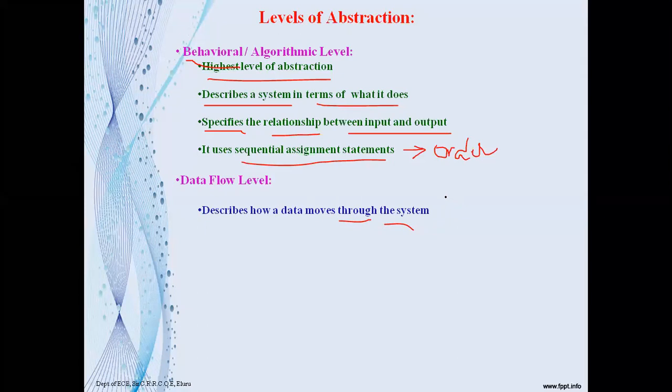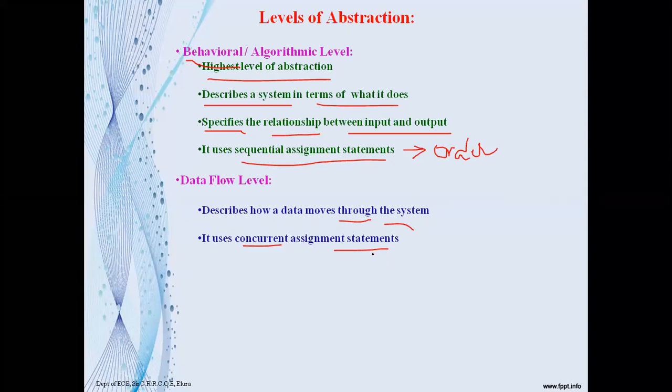The input has to move from one stage to another stage, and finally it will generate the output. So the data flow describes how the data moves through the system. And in this data flow level, it uses concurrent assignment statements.